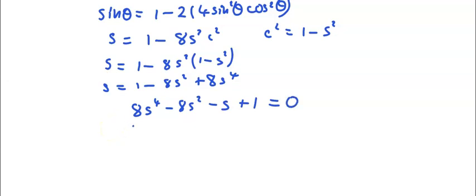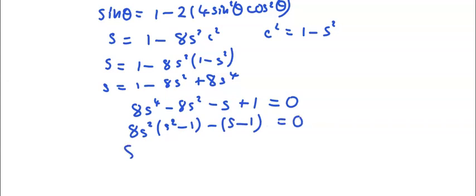And I can factorize: 8s squared (s squared minus 1) minus (s minus 1) equals 0. So that 8s squared (s minus 1)(s plus 1) minus (s minus 1) equals 0.